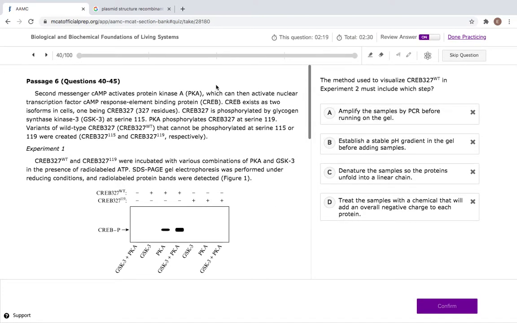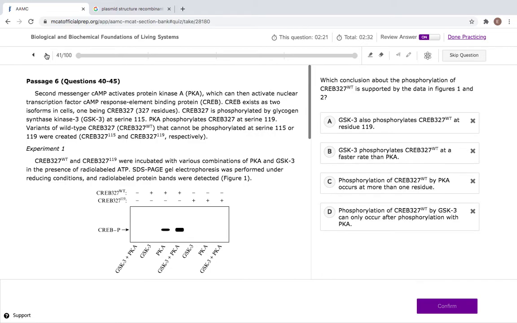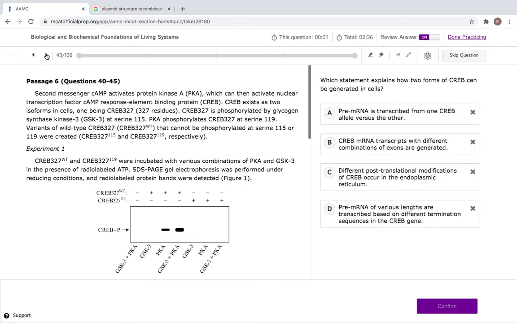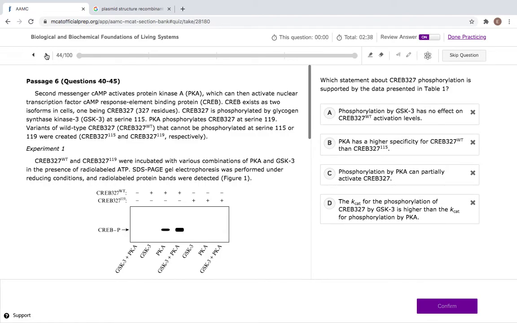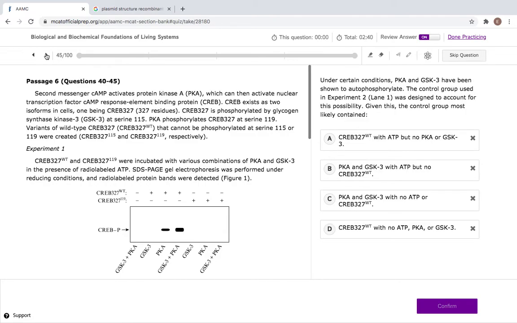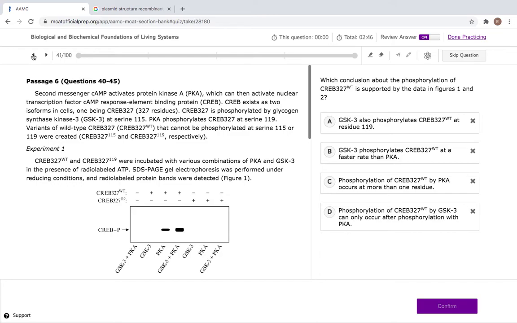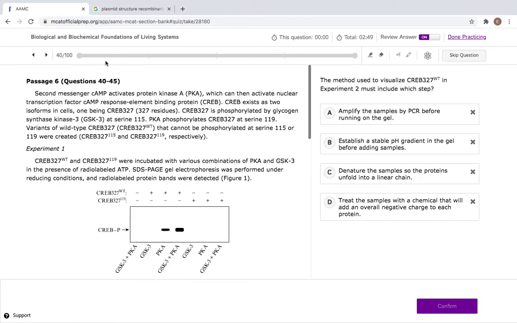Then go through these questions, numbers 1 through 6, write down your answers, and hopefully you get everything right.